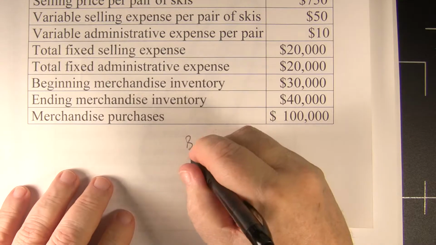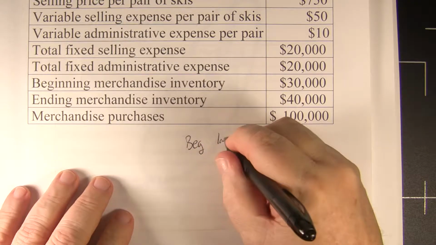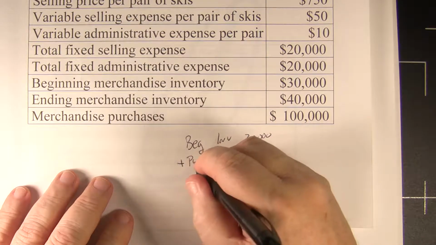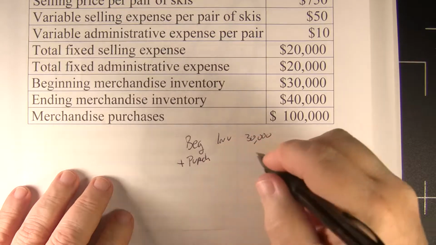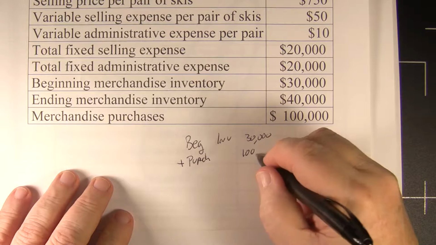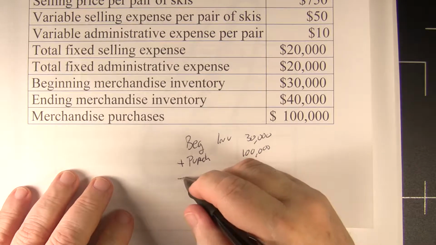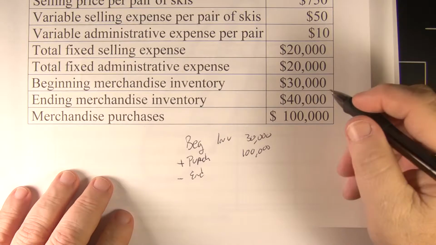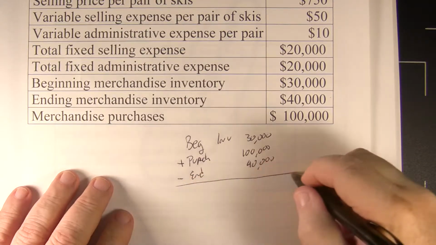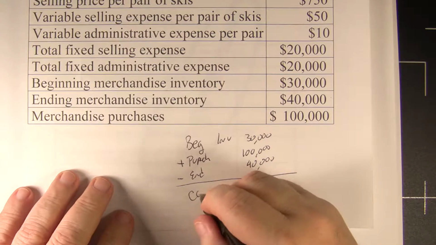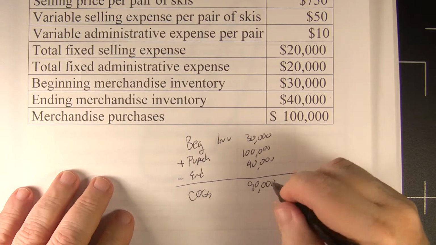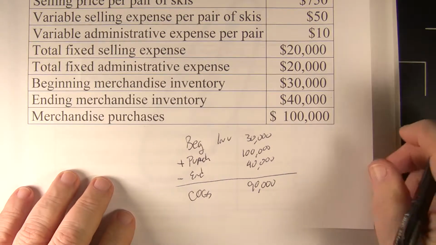Okay, so we have beginning inventory of 30, plus purchases of 100, minus ending inventory of 40, and that gives us cost of goods sold of $90,000, just like we did in accounting 1.